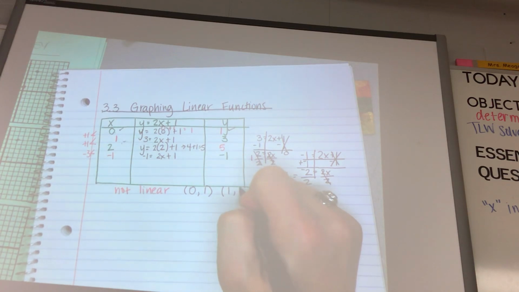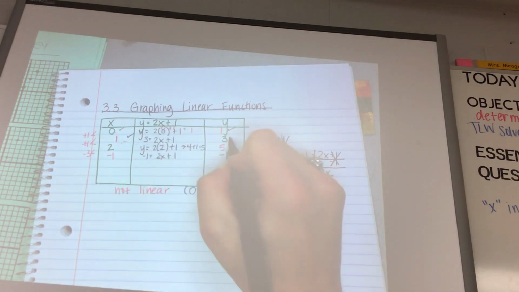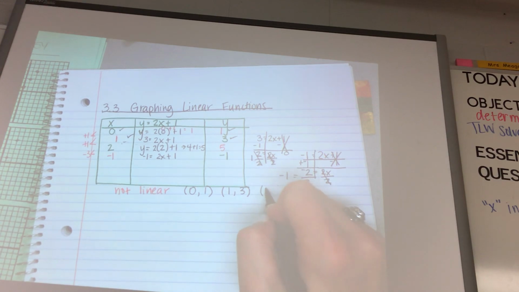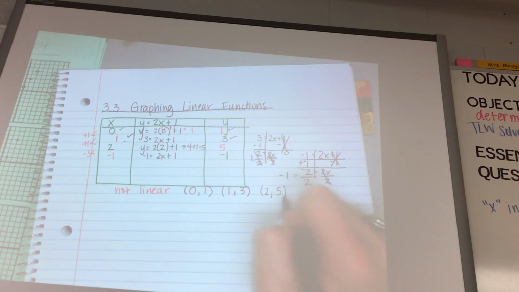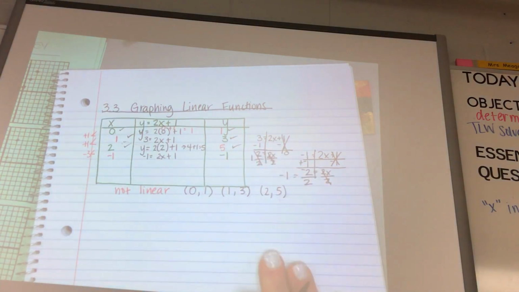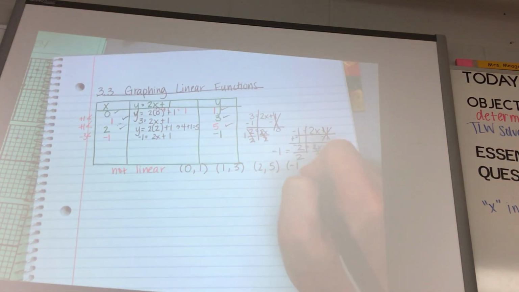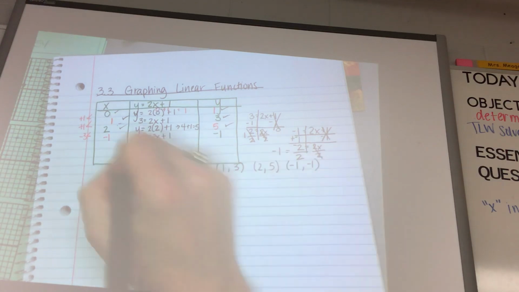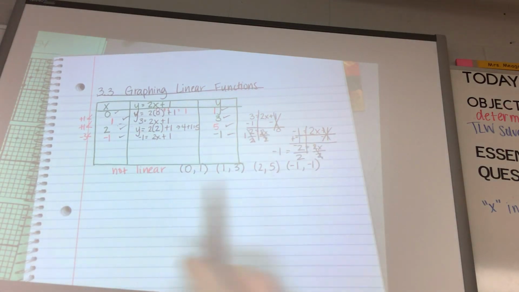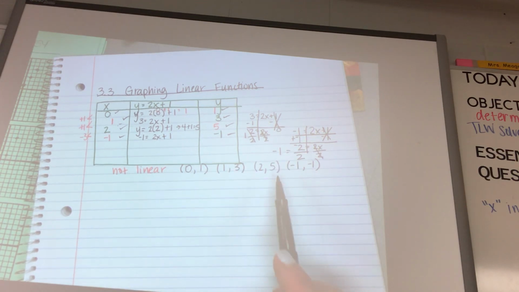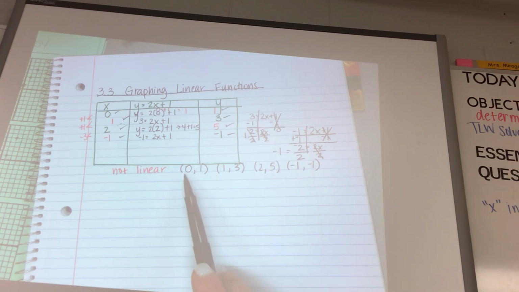X is 2, y is 5. Check, check. X is negative 1, y is negative 1. Check, check. So from these ordered pairs here, could you see if it is a function? We just have to look at our x values to see if they repeat. Is it a function? Yes, it is a function.